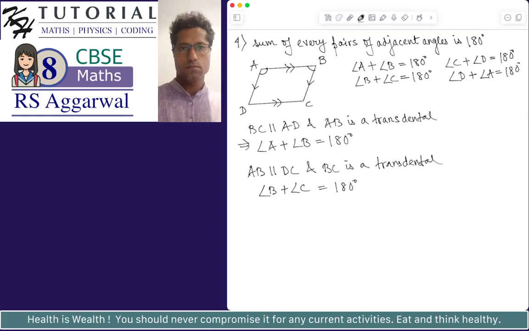Again, to prove that angle C and angle D is equal to 180 degrees, we need to consider that AD is parallel to BC, and DC is a transversal.